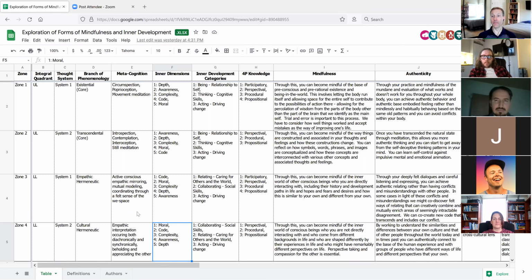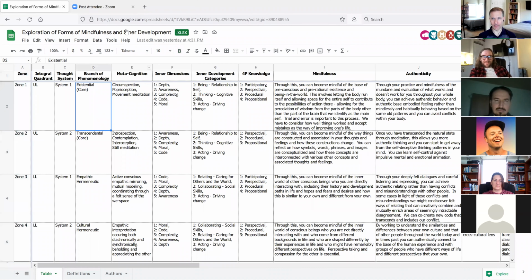And if it turns out that my numbering these zones is causing confusion, which it maybe could because they're not the same zones as what Wilber has, then I'll just remove that. But hopefully you kind of get the idea of the way I have it structured here.